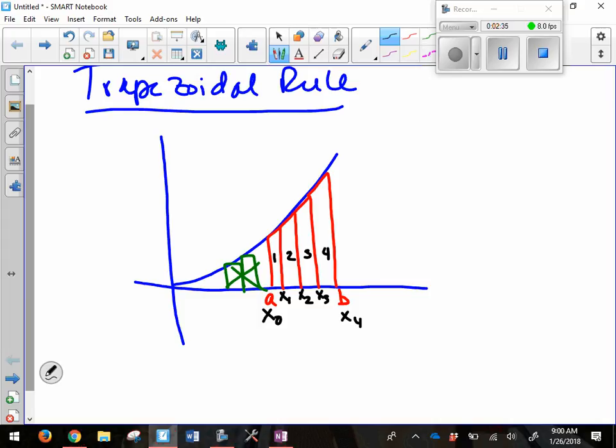So, $1,000,000 question. What's the area of a trapezoid? Okay, so for my first trapezoid, it would be height over 2 times B1 plus B2.